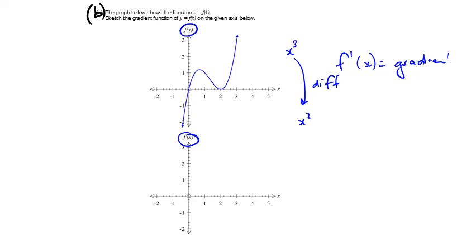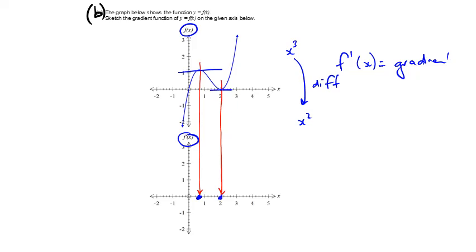The gradient just there. What is the gradient just there? What is the gradient just there? You guys need to be aware of that. The gradient just here is 0. The gradient just here is 0.